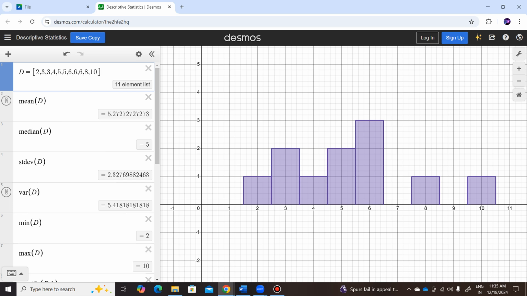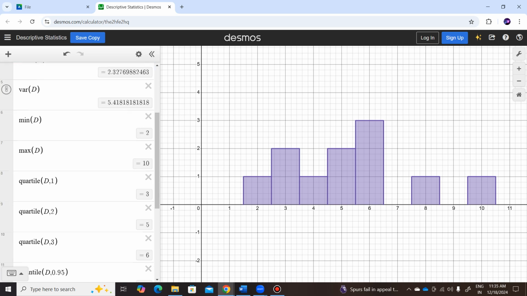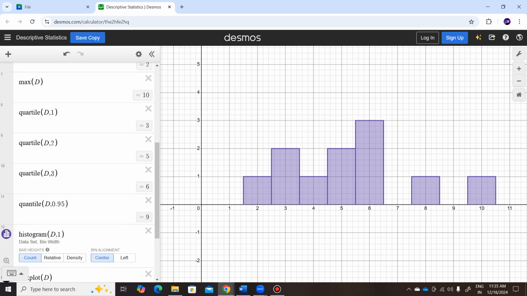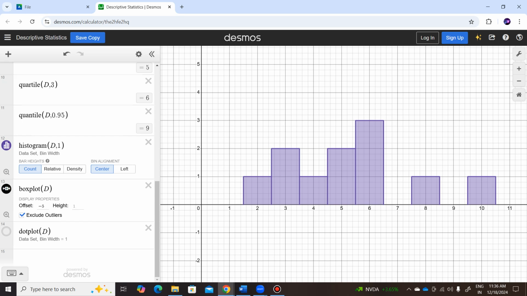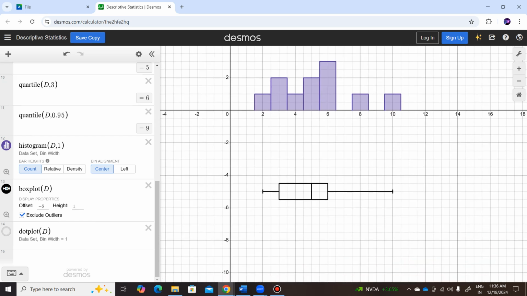Your minimum is 2. Your maximum is 10. Then we have the quartiles. Q1 is 3. Q2 is 5. Q3 is 6. We'll not get into this last one right now. The box plot is also on here, and we can zoom and find it.